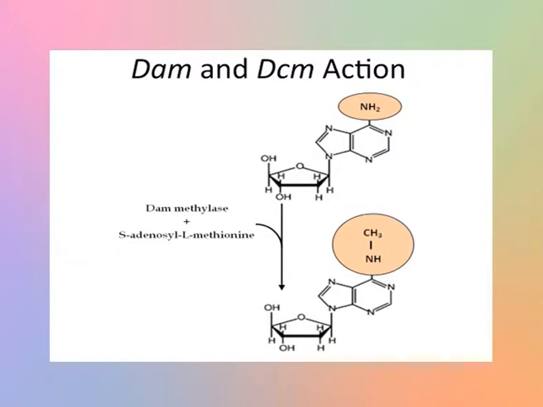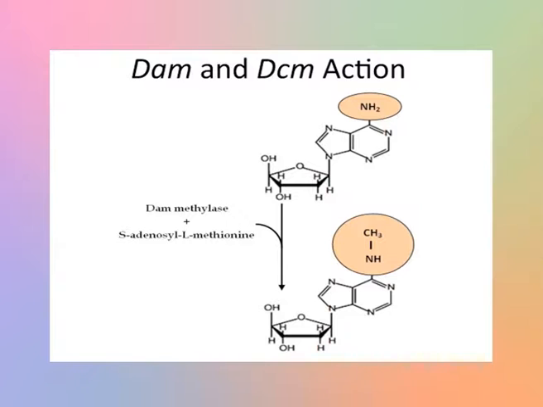A time gap is there just after replication and before another process. What is that? Methylation. There are two enzymes, DAM and DCM: DNA adenine methylase and DNA cytosine methylase. DAM adds a methyl group to the adenine of the GATC sequence, and DCM adds a methyl group to the cytosine of the CCAGG sequence.